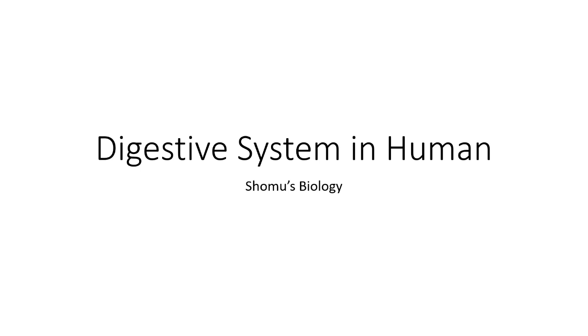So let's start talking about the human digestive system. I'll be writing and drawing different things to explain the process of digestion, the components of the digestive system, and then the structures and functions, the important roles of the organs in the digestive system. So let's begin.